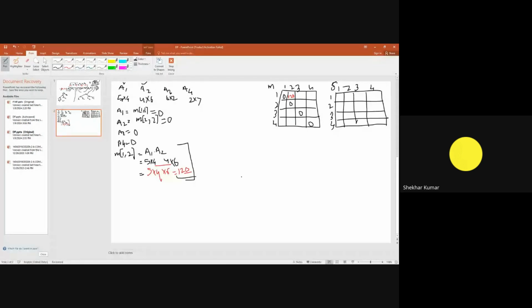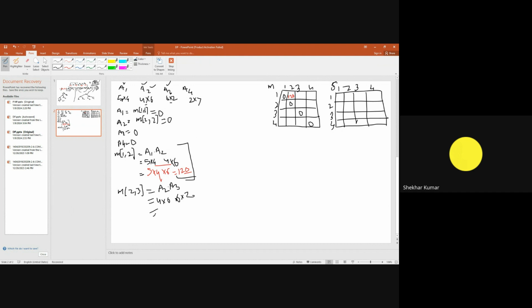Okay, now I am multiplying the second matrix with the third matrix, M of 2,3. That is A2 and A3. A2 is a 4 by 6 matrix and A3 is a 6 by 2 matrix.